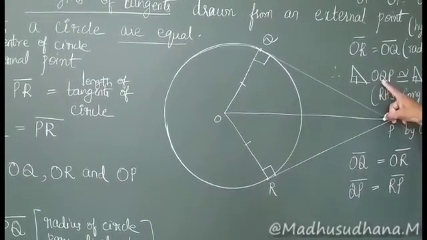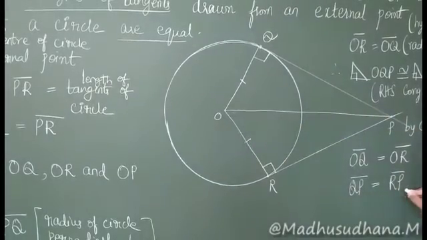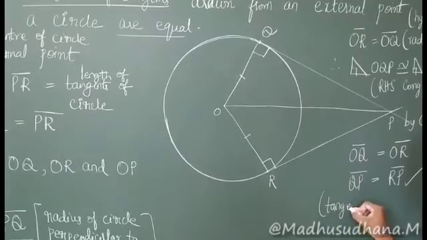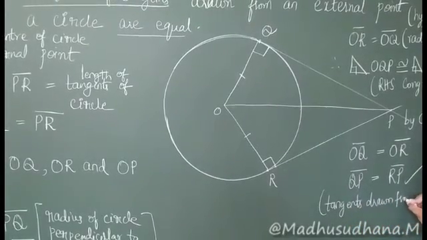I think this is what we require, right? Here QP is equal to RP. So we have proved that tangents drawn from an external point are equal here. Then OP equals OP, that is the same common side.